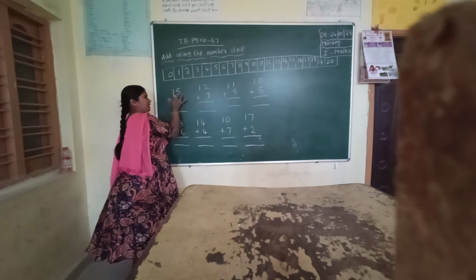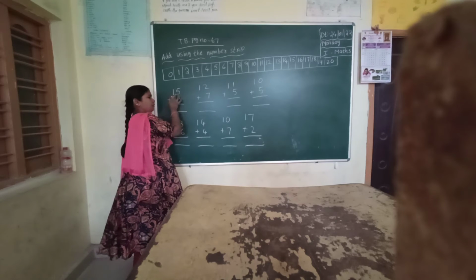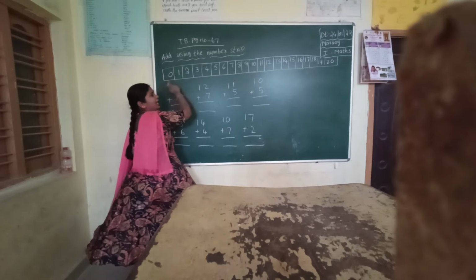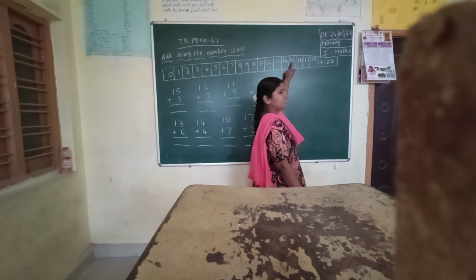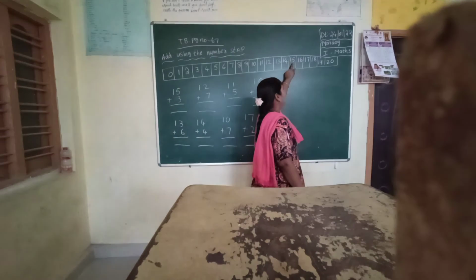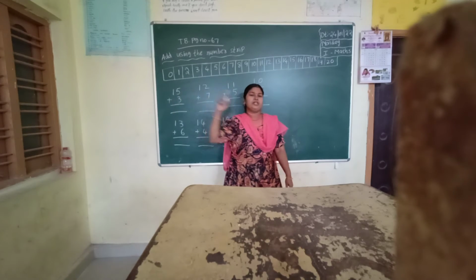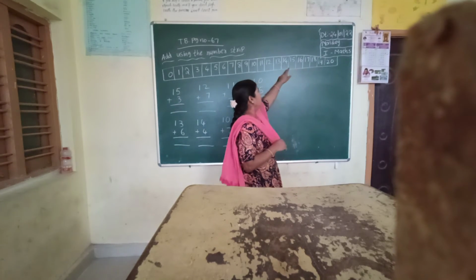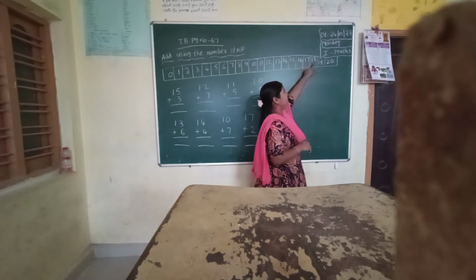First, which number have they given? Ones place and tens place, you have to observe both. 15 they have given. 15 plus 3. You have to observe where the 15 is in the given number strip. Here is the 15. After 15, which number have they given, children? 3. So you have to count 3 numbers after 15. After 15, 16, 1, 2, 3.